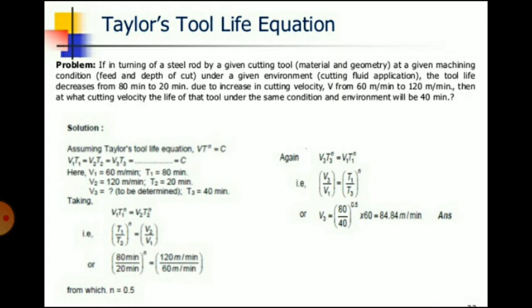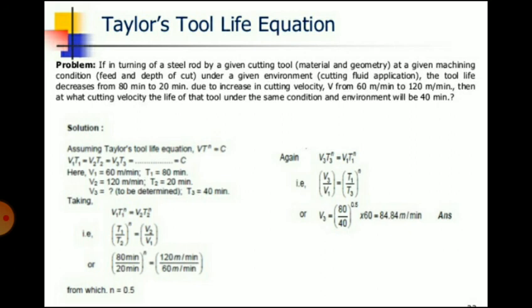Now one simple problem on the tool life equation. In turning of a steel rod by a given cutting tool at a given machining condition for a given environment, the tool life decreases from 80 minutes to 20 minutes due to an increase in cutting velocity V from 60 to 120 meters per minute. So V1 is 60, and for V1 the T1 is 80.